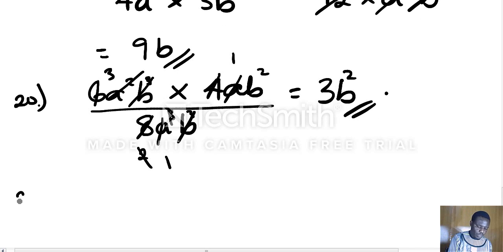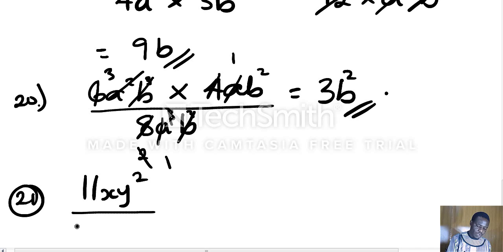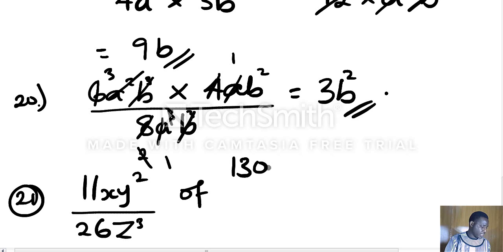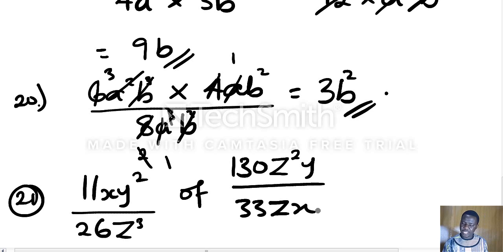Also, number 21 says 11xy squared divided by 26z cubed of 130z squared y divided by 33zx.